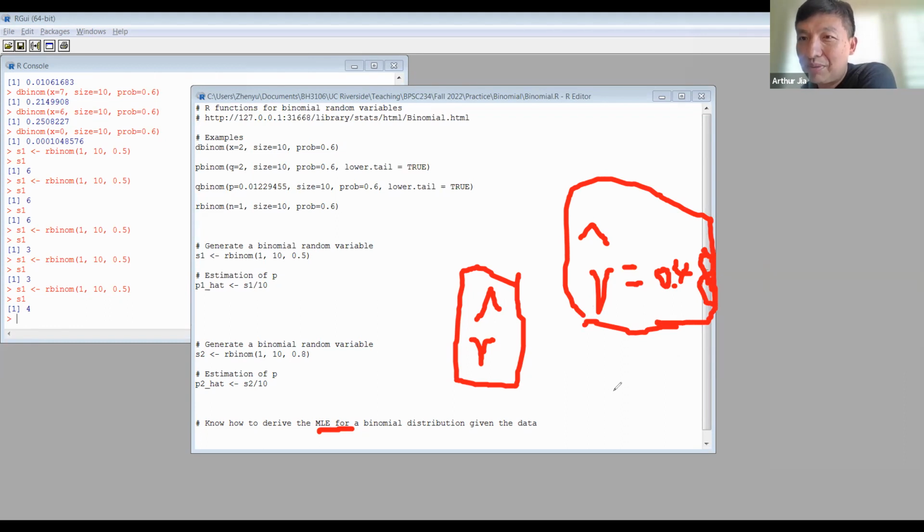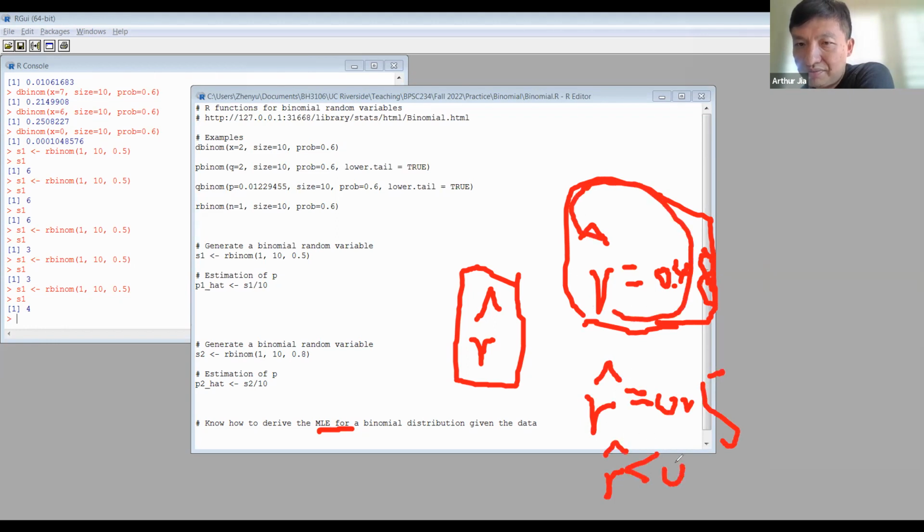We're going to test whether this equals 0.5 or the observed value is real. Hopefully today's two examples give you some idea about how we do the hypothesis testing and what the theorem behind it is.